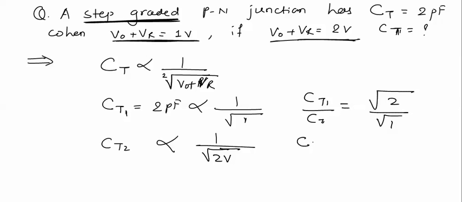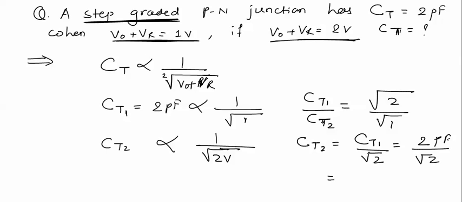So Ct2 which is to be calculated will be equal to Ct1 upon root 2, and it will be 2 picofarad upon under root 2, which will be equal to 1.414 picofarad.